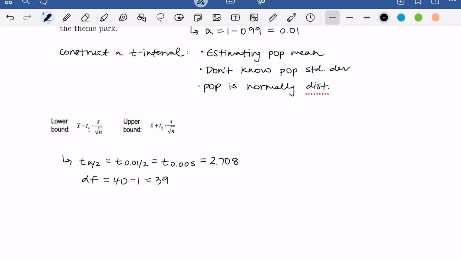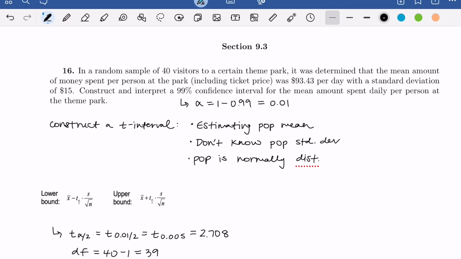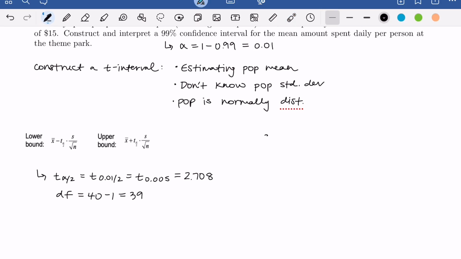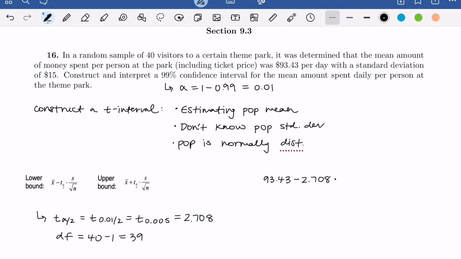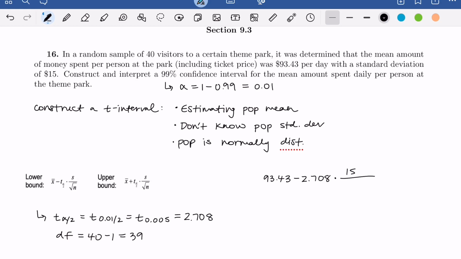So for our lower bound, our sample mean was 93.43. We're going to subtract out our critical value times our standard deviation, divided by the square root of our sample size, so 40. Plugging this directly into our calculator here, we're going to get 87.007.